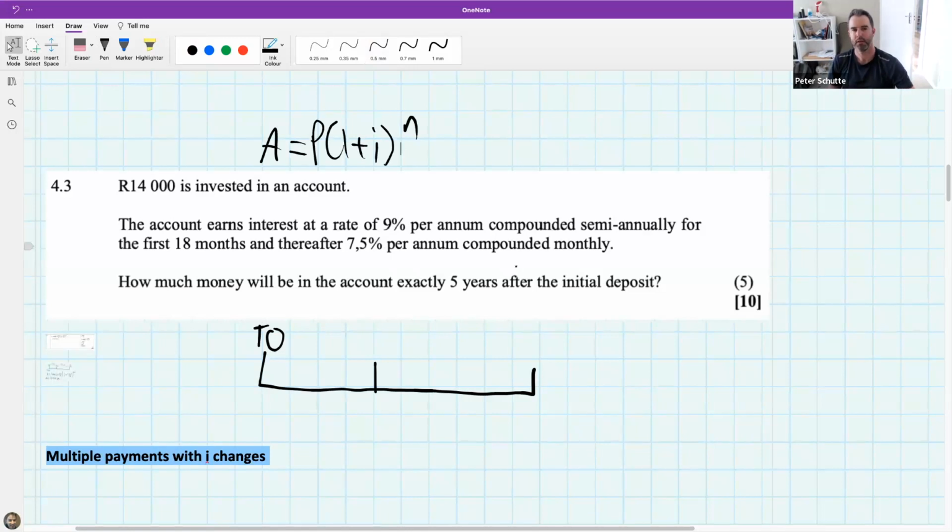Okay. So really the hard part here is understanding where to put the information on the timeline.